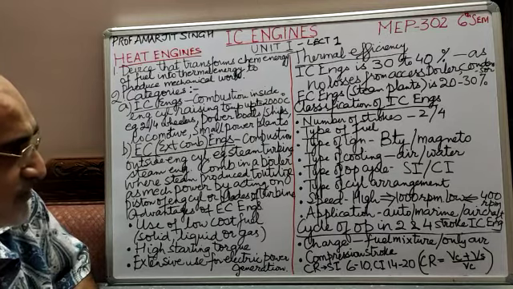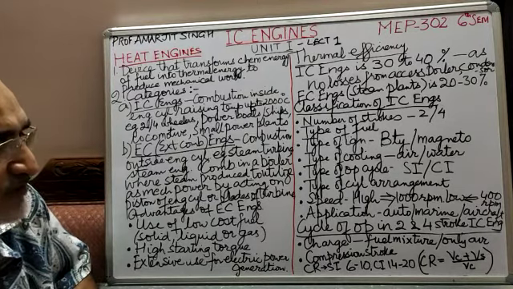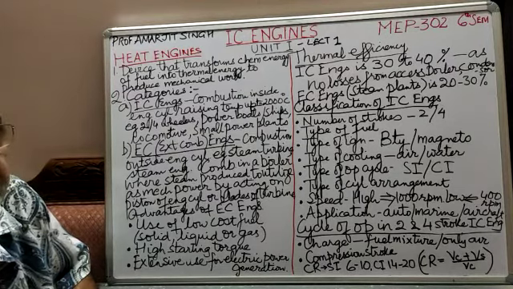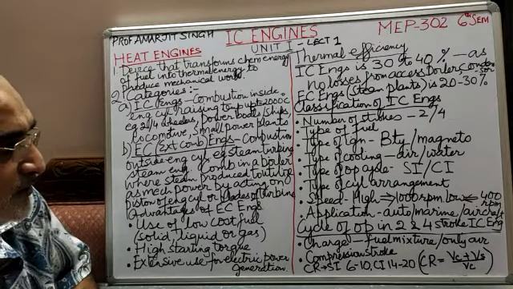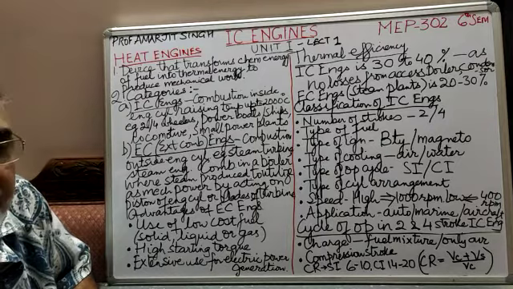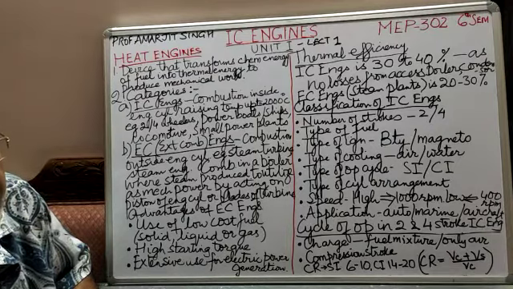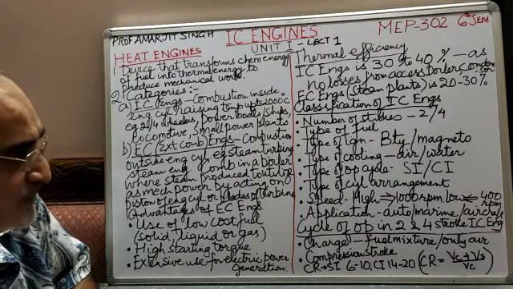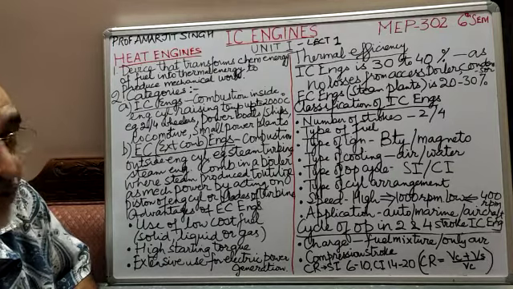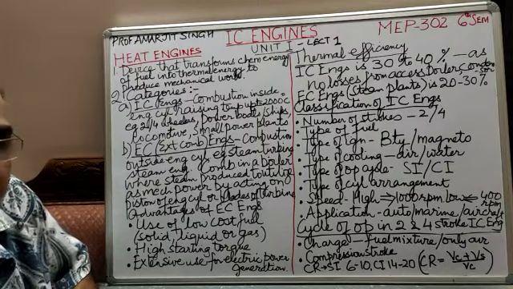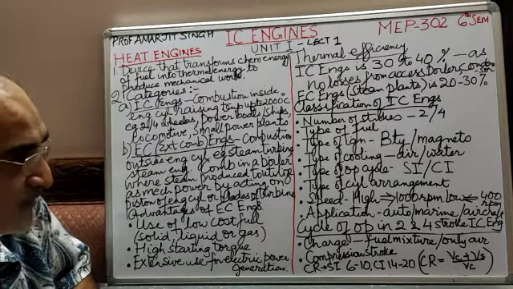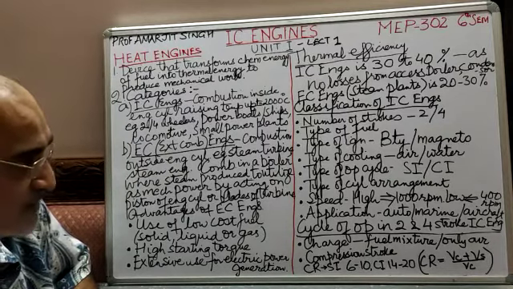The next classification is based on the type of cylinder arrangement. Cylinder could be one, as you see in motorcycles and scooters, two-wheelers. It could be three, as in Maruti 800. Or it could be four in line, like other cars and other commercial vehicles.